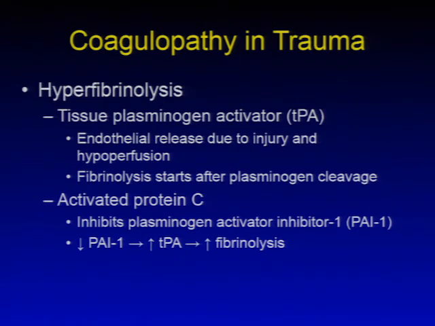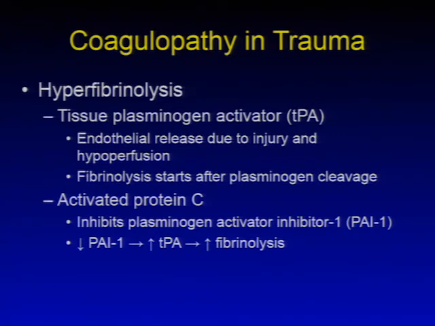Additionally, hyperfibrinolysis occurs in these patients via tissue plasminogen activator, or TPA. Endothelial release due to injury or hypoperfusion can cause release as well, and fibrinolysis starts after plasminogen cleavage. Now, activated protein C, again also present in trauma situations, inhibits plasminogen activator inhibitor 1, or PAI-1.